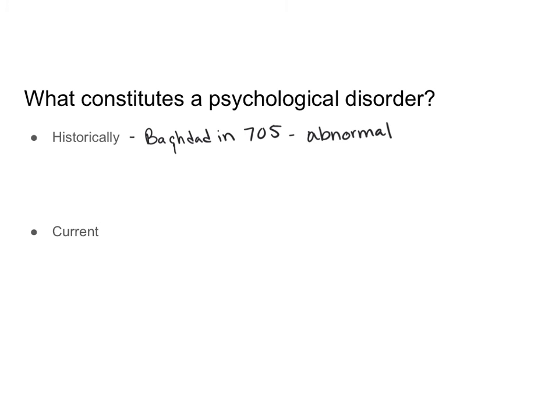So this goes back to a point of time, but then the question became, well, what was abnormal? And so with the way that we look at it now, abnormal is going to be anything that would be considered a significant disturbance that leads to dysfunction.